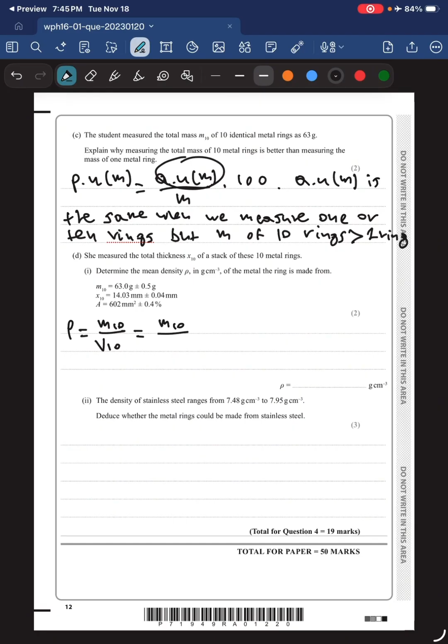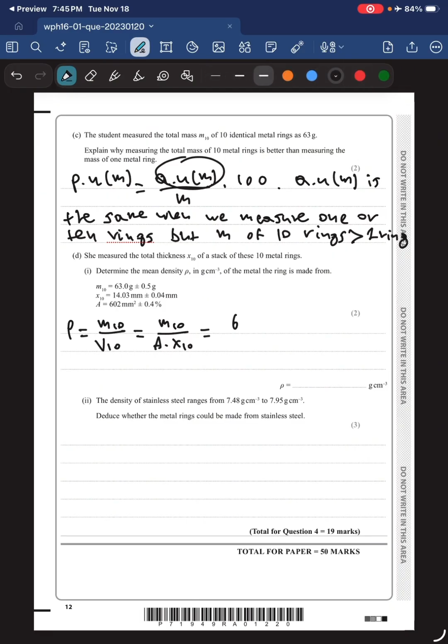So this is equal to M10 over the area of one ring times the thickness of 10 rings. Okay, and this is because the 10 with 10 will cancel. You can equally divide this by 10 and divide this by 10, but it's the same because we are dividing m with x, therefore that factor of 10 goes away. I hope this makes sense. If it doesn't, ask me in the comments.